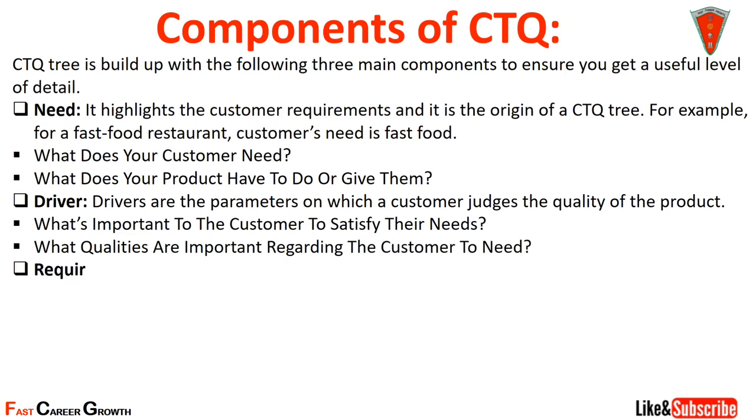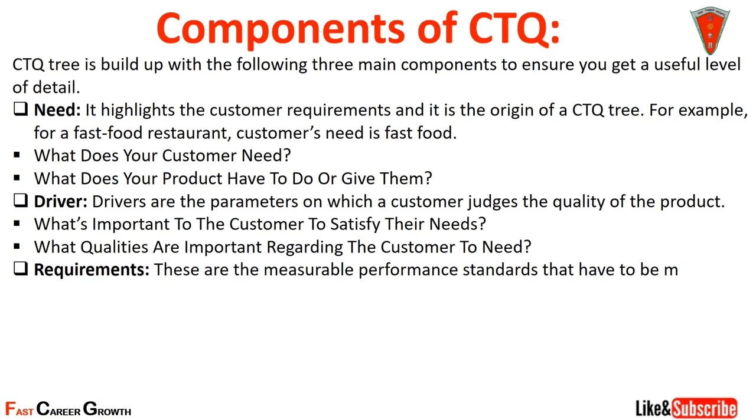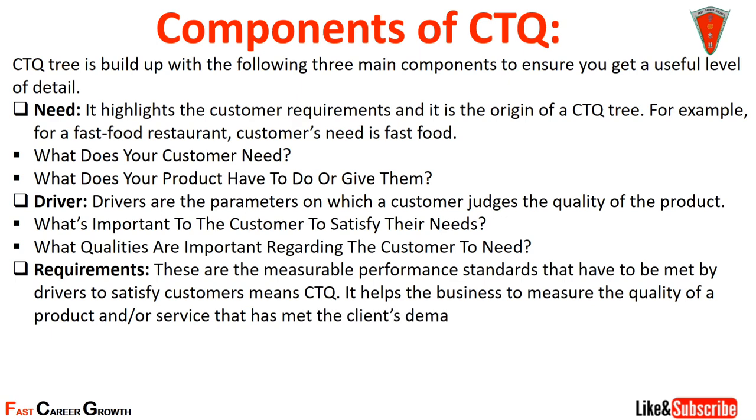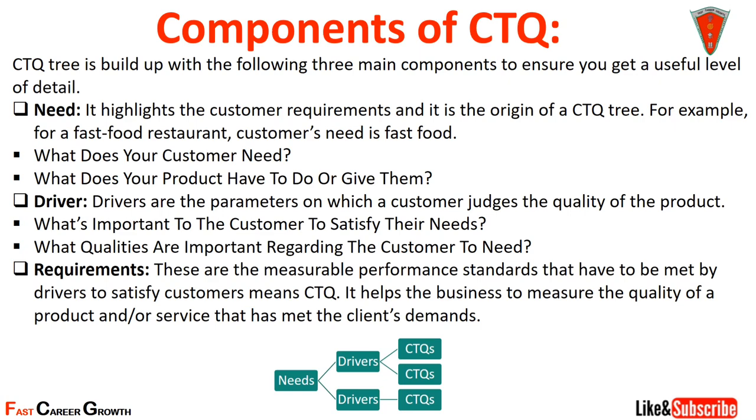Then requirements are the measurable performance standards that have to be met by drivers to satisfy the customer needs, that is CTQ. It helps the business to measure the quality of a product or service that meets the client demand. So here is a CTQ tree model. The need is converted into the drivers, then into the critical quality requirements.